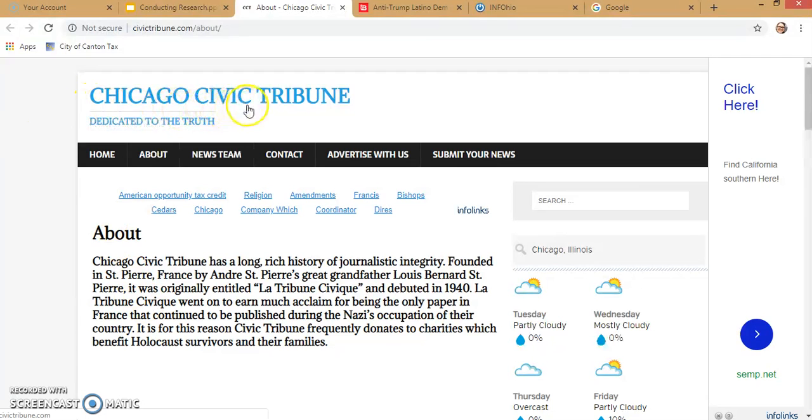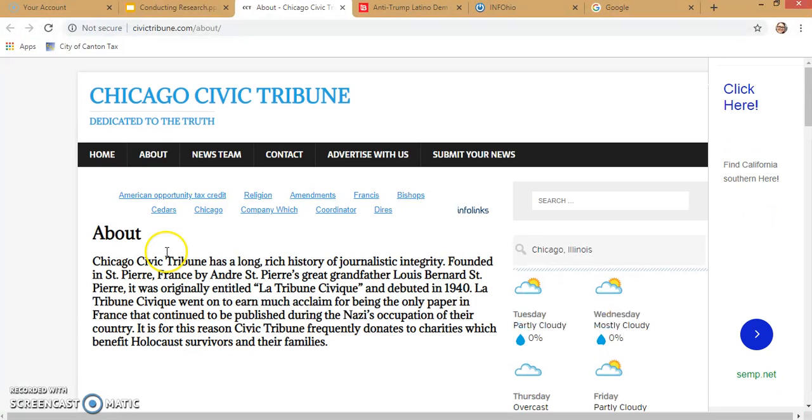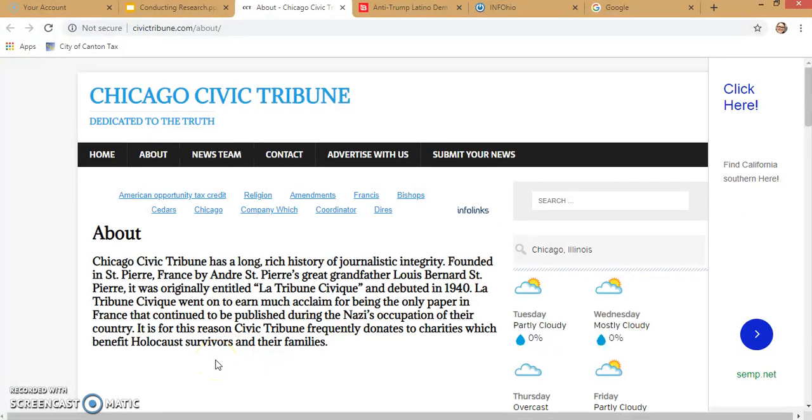This website called Chicago Civic Tribune is a fake news site. It's a satirical news site. One way that you can figure out if something is a satirical news site or not is by going to their About Me section. Now, under the Chicago Civic Tribune's About Me section, here's what it says.